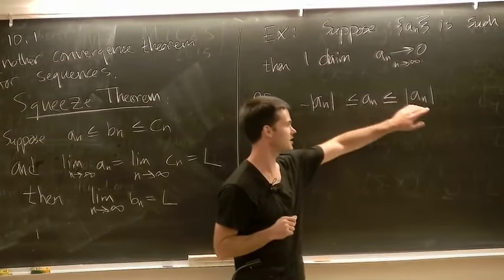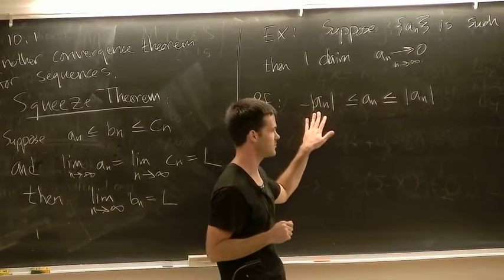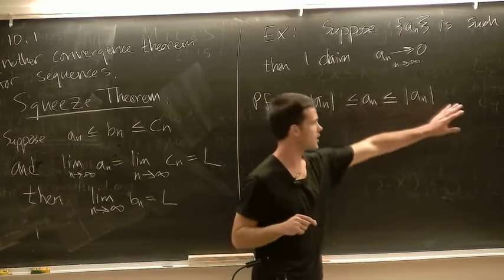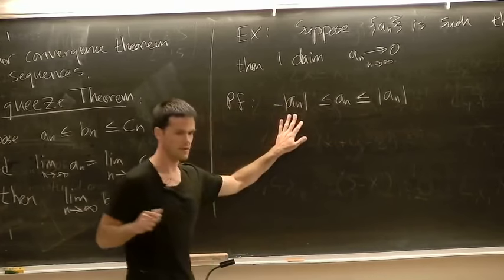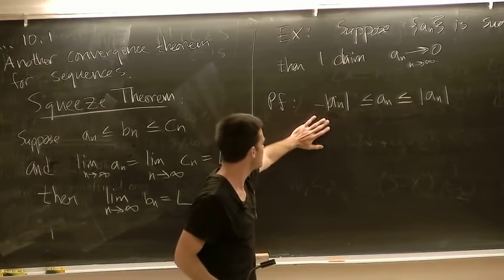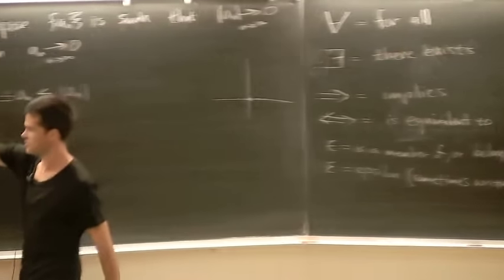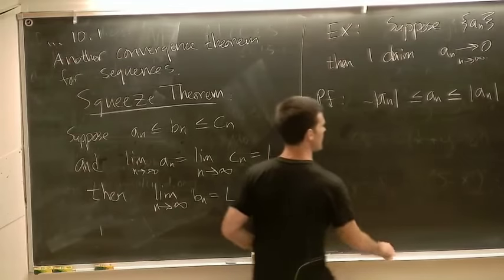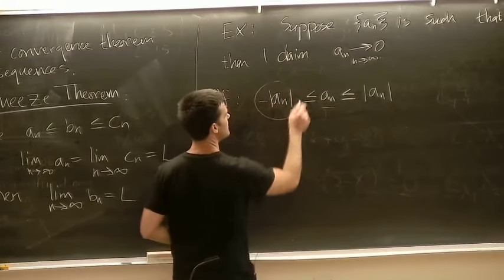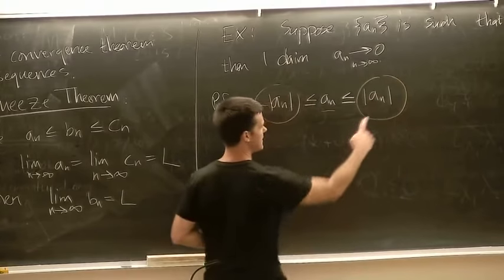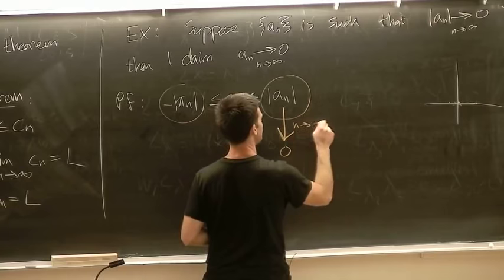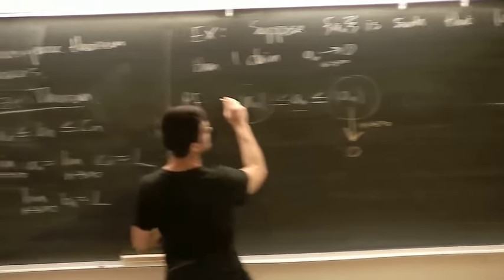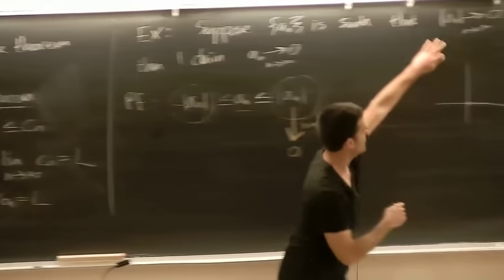In fact, it's either equal to this or equal to this, but it's certainly not greater than the absolute value of an or less than the negative of the absolute value of an. So maybe you can tell by comparing what I just wrote with the squeeze theorem that I'm going to squeeze the value of an between these two quantities. Now this one, I already told you goes to 0 as n goes to infinity. That's what was given right over here.